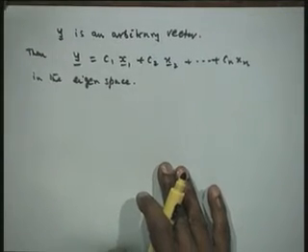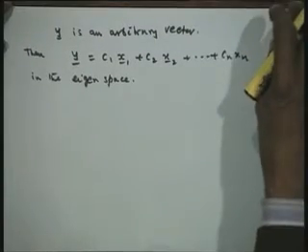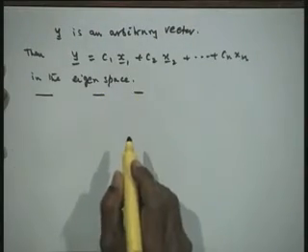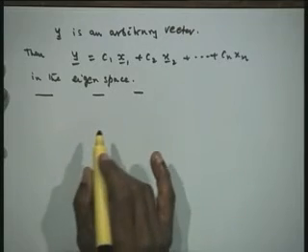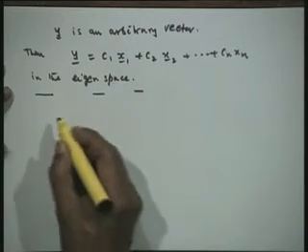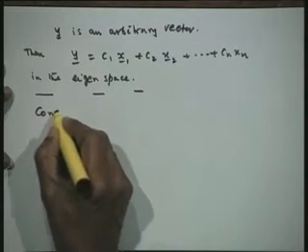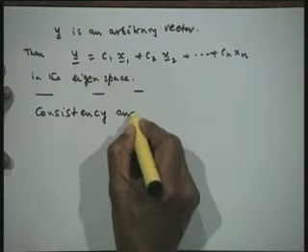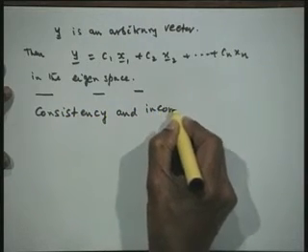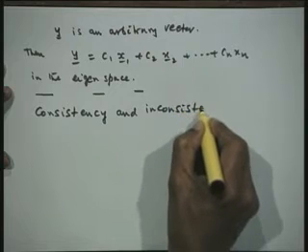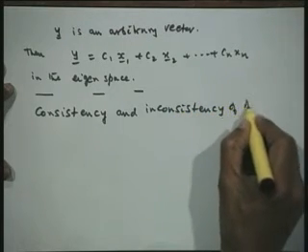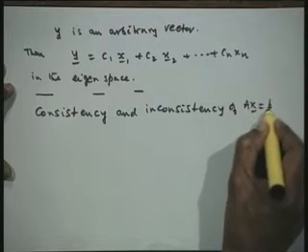Now, before we define some numerical methods, let us also look into the concept of consistency and inconsistency of a system of equations, which we have studied earlier. Let us define consistency and inconsistency of a system of linear algebraic equations Ax equal to b.